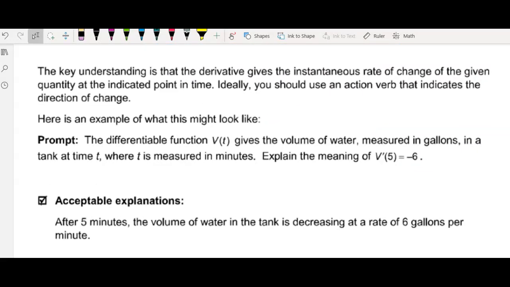The key understanding is that the derivative gives the instantaneous rate of change of the given quantity at the indicated point in time. Ideally, you should use an action verb that indicates the direction of change.